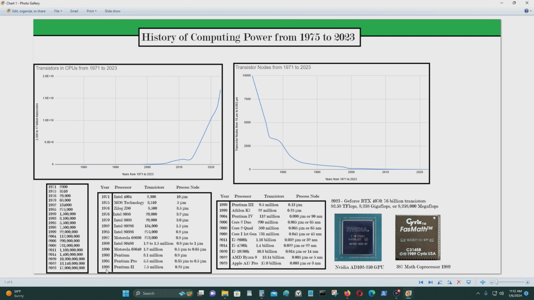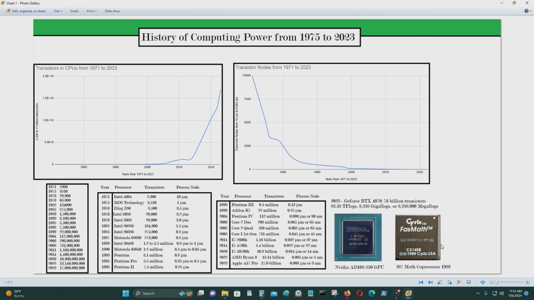So in 1998, we had the Pentium 2 with 7.5 million transistors at 250 nanometers or 0.25 micrometers. And as you can see, the number of transistors are increasing as the node process is going down or shrinking. So now we have up to 3 nanometers, or that'd be 0.003 micrometers, and it has 17 billion transistors in it.